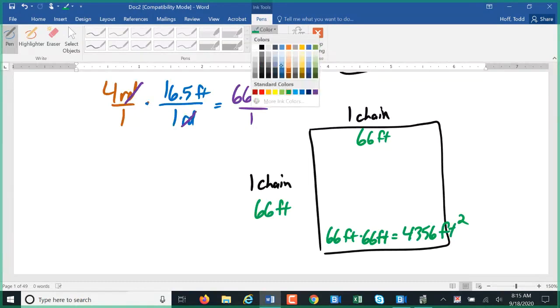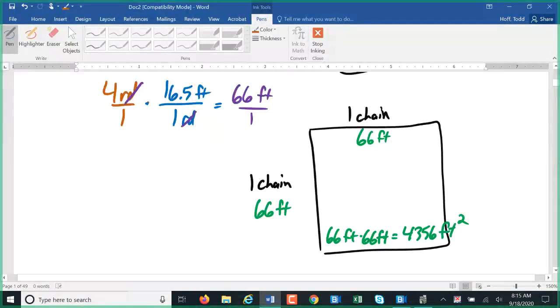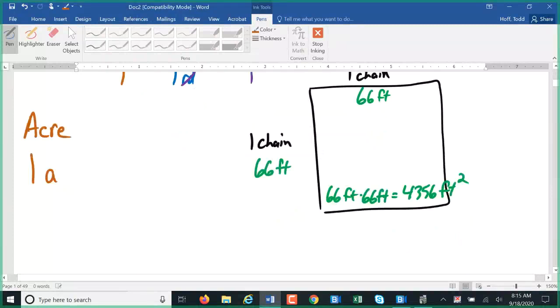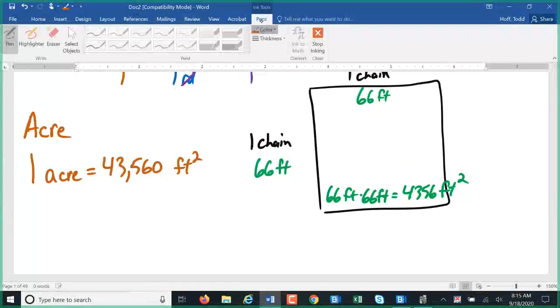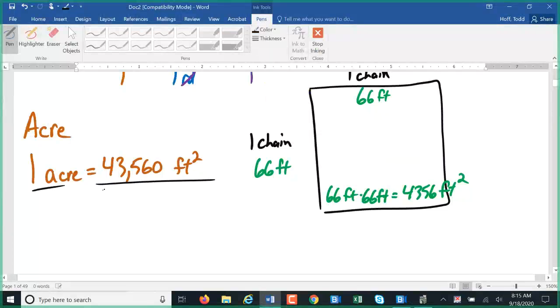The unit that we are most used to hearing land measured in is the acre. Well, 1 acre is 43,560 square feet. Look at that number, and you look at this one here, you see a relationship.